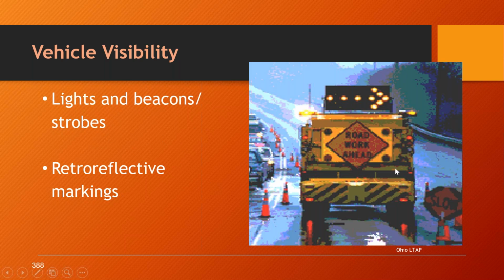So there's a picture of a work truck that's meeting the standards for a mobile operation on a multi-lane roadway. They've got the sign on the back, and they've got retroreflective markings on their truck. They've got an arrow board and the flashing beacons.